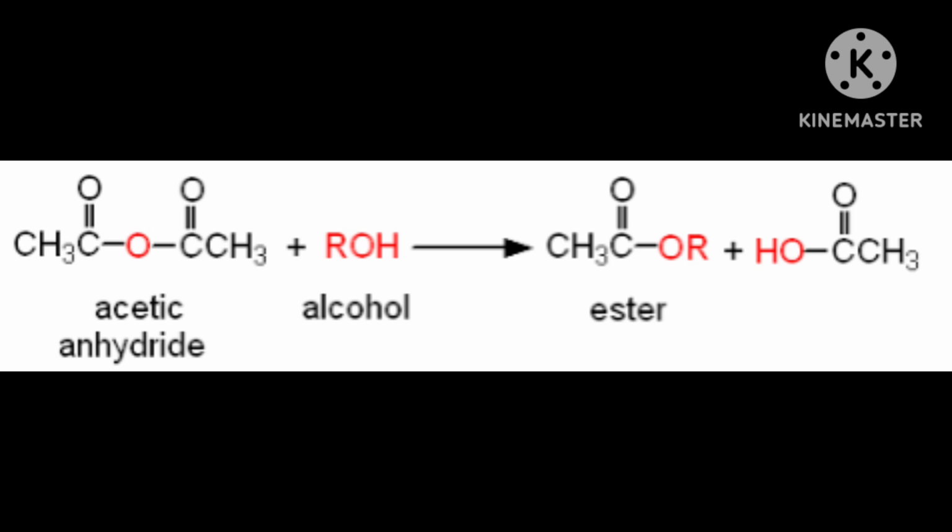This is an ester, the second product. So in the case of anhydride, you get two products: first the ester, and second the acid.